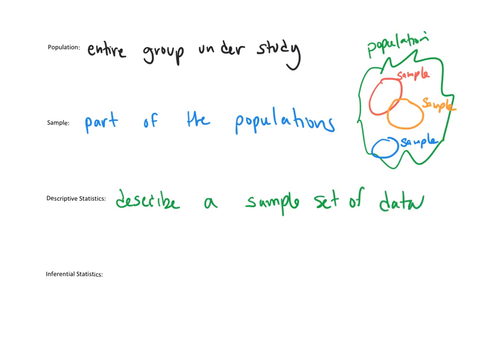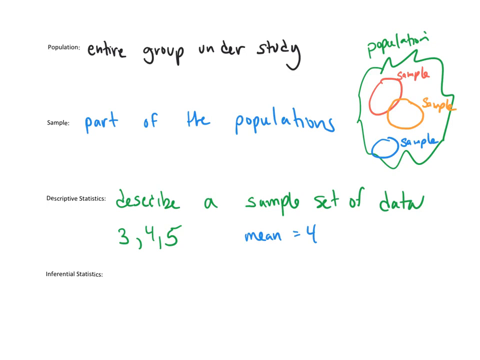So if I have three pieces of data, 3, 4, and 5, I can find their mean. Their mean is going to be 4. Add them up, divide by 3. There's no real doubt about this. This is basically 100% true. It's just describing the set of data. The average, the mean of these three numbers is 4.